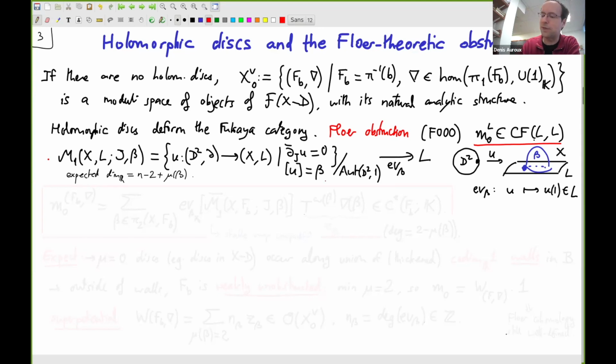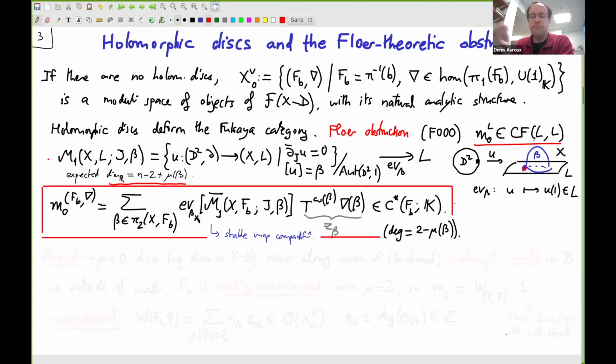So you look at holomorphic disks in a given homology class, mod reparametrization fixing the boundary marked point, and this moduli space has an evaluation map at the marked point to the Lagrangian. And so this moduli space has expected dimension n-2 plus the Maslov index of the class beta.